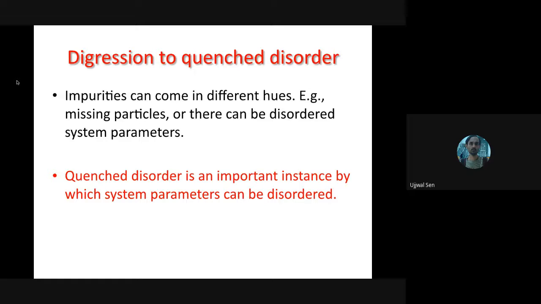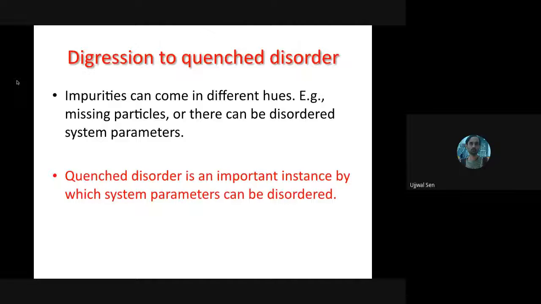So for that, we digress a little. For a few slides, we discuss something called quenched disorder. Now, I told in the title of the talk that I will be talking about impurities, but there are different types of impurities that can appear.